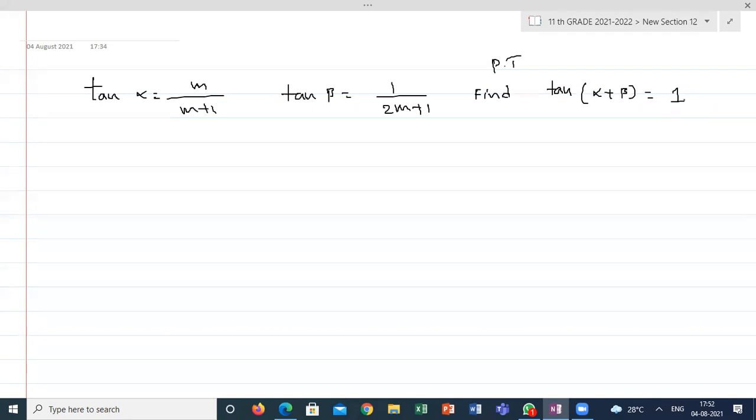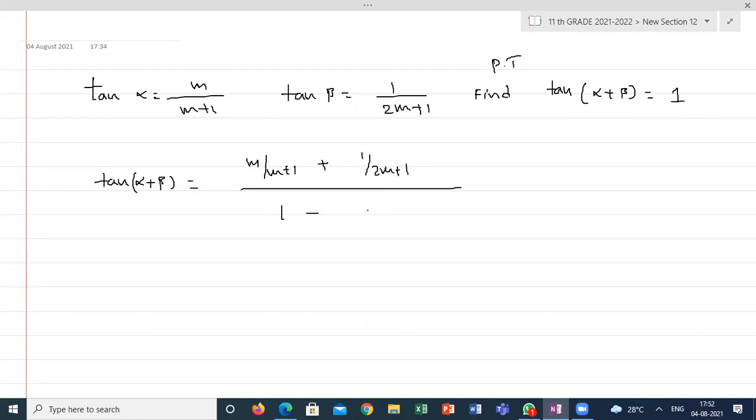Students, are you able to hear what I'm asking? Yes, sir. How to do this question? Just expansion. Tan of alpha plus beta, substitute the formula: m by m plus 1 plus 1 by 2m plus 1, divided by 1 minus m by m plus 1 into 1 by 2m plus 1.